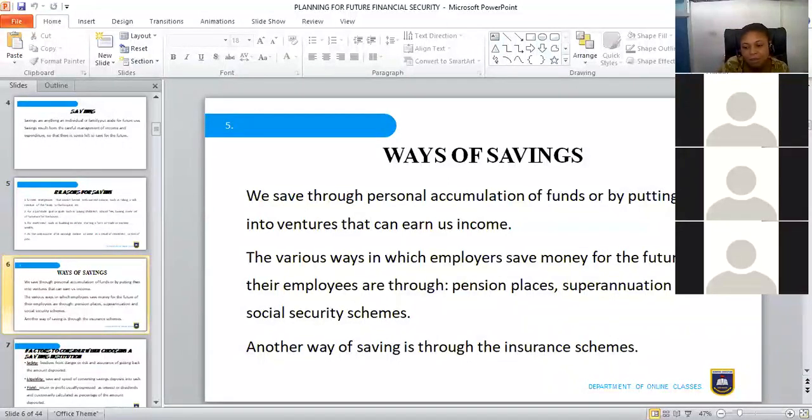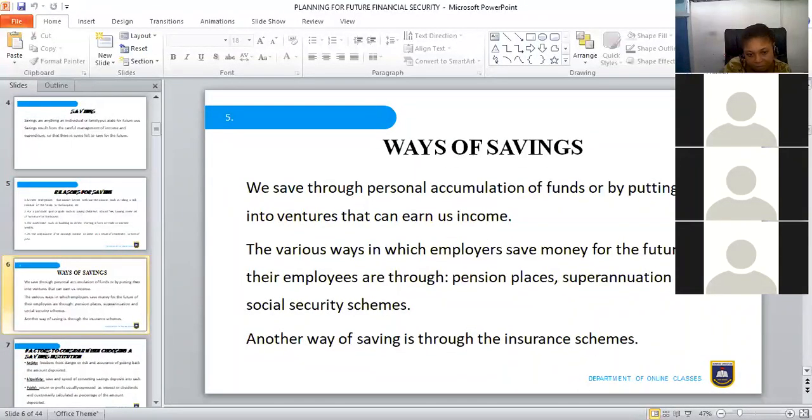So first of all, we said personal accumulation of funds, which you put into a venture. It could be any business. Then employers also save money for the future of their employees through pension schemes and social security schemes. And another way of saving is through insurance schemes.